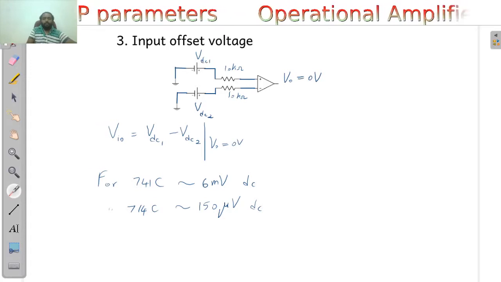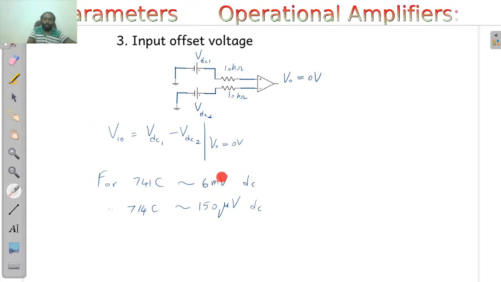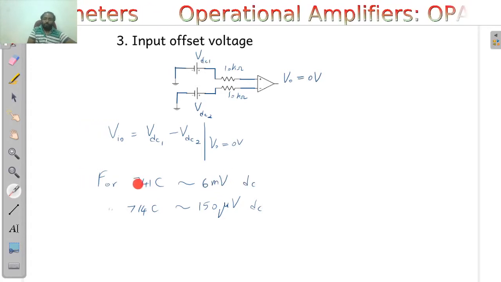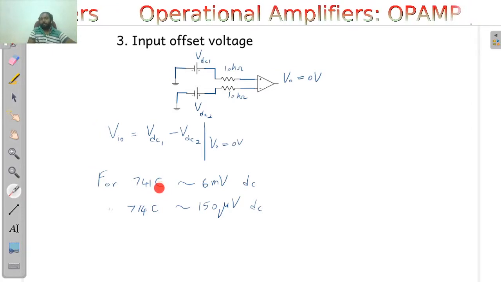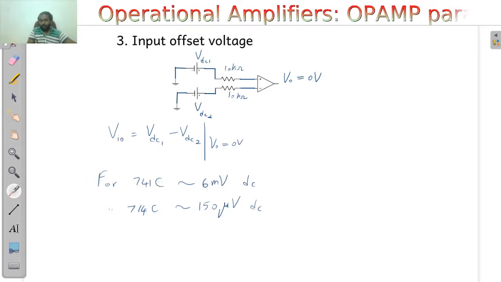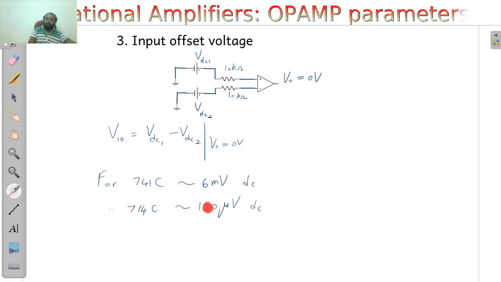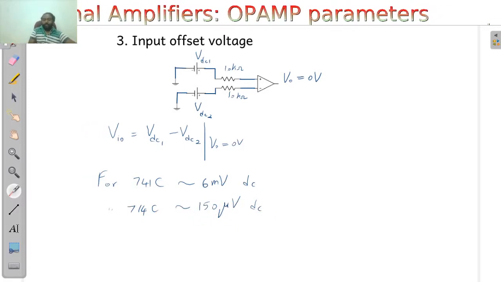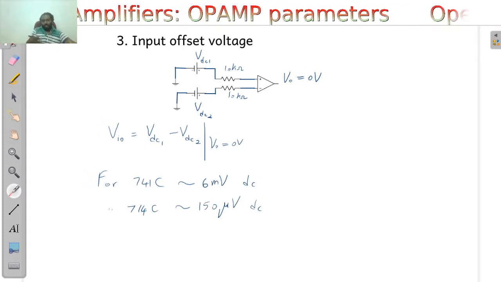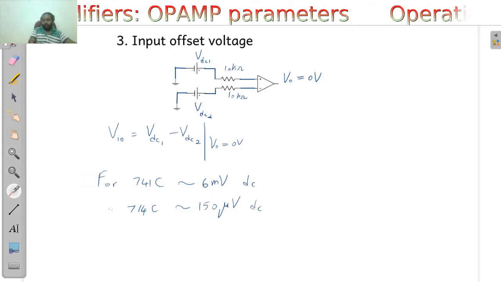This value is 6 millivolts DC for 741 series operational amplifiers, whereas for a precision operational amplifier like the 714 series, it is of the order of 150 microvolts DC. So that is the difference. There are other operational amplifiers which have better properties.